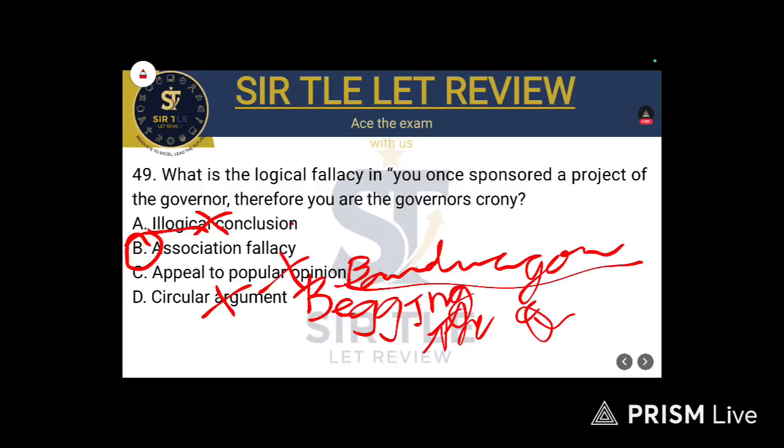So let's say that is the guilt by association. So you are unfairly judging or labeling a person based entirely on who they hang out with or a single thing they are linked to. So, ikaw daw ay nag-sponsor ng isang project sa governor. Therefore, you are corrupt. No? Dahil nag-sponsor ka daw kay governor. So, that is association fallacy.